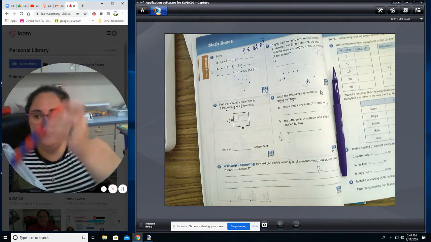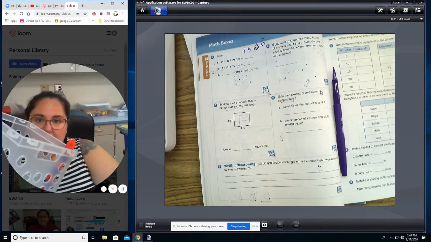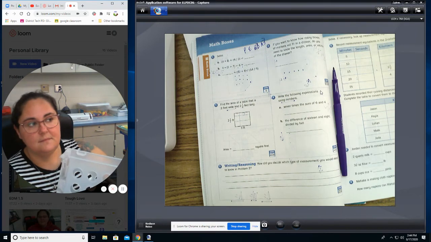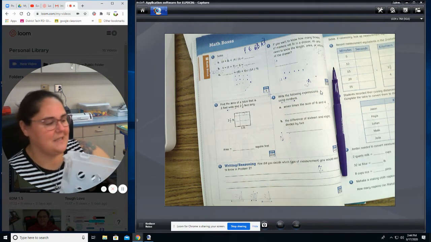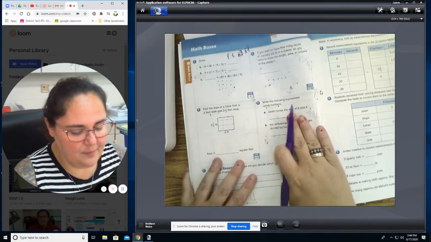If I want to know how many of these will fit in here, am I measuring length, area, or volume? What's the name of our lesson? There's a hint.